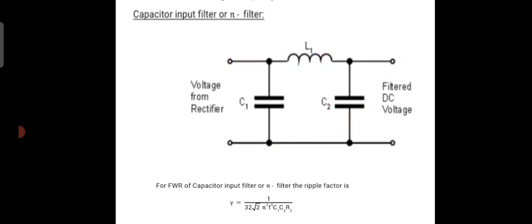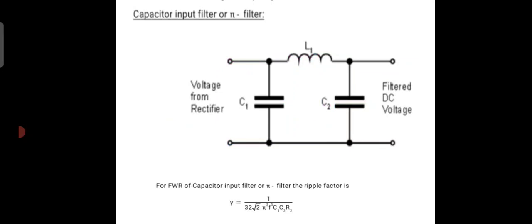Therefore, C1 allows a large amount of AC, but DC is not passed through the capacitor. Hence, there will be DC across the inductance L.